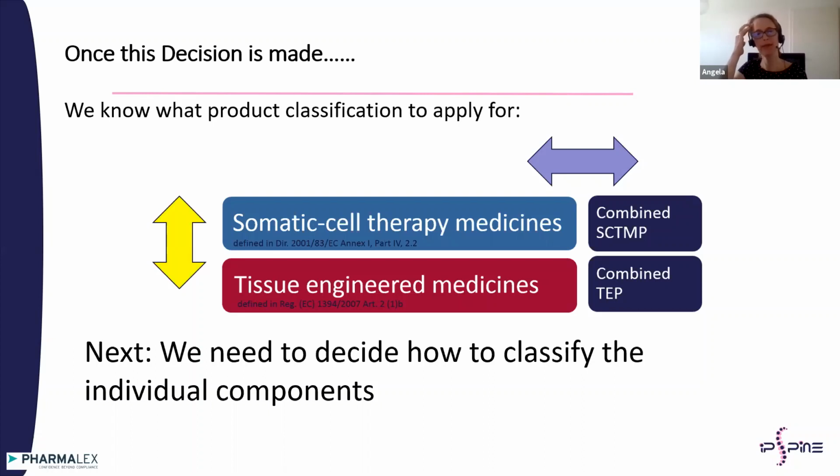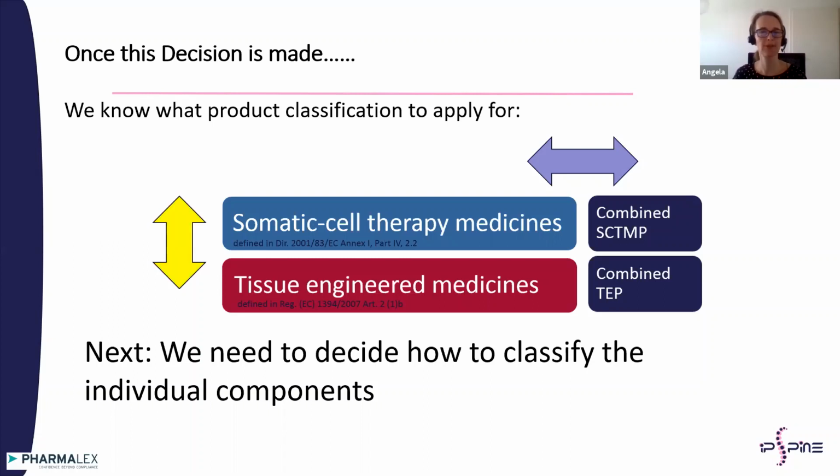And we'll have to make the decision whether it's a combined product or not, which is mostly made by the matrix people, who will have to define whether the matrix is acting through a physical mechanism or whether it's more in the pharmacological metabolic area, where crosstalk and cell receptor ligand interaction plays a role.